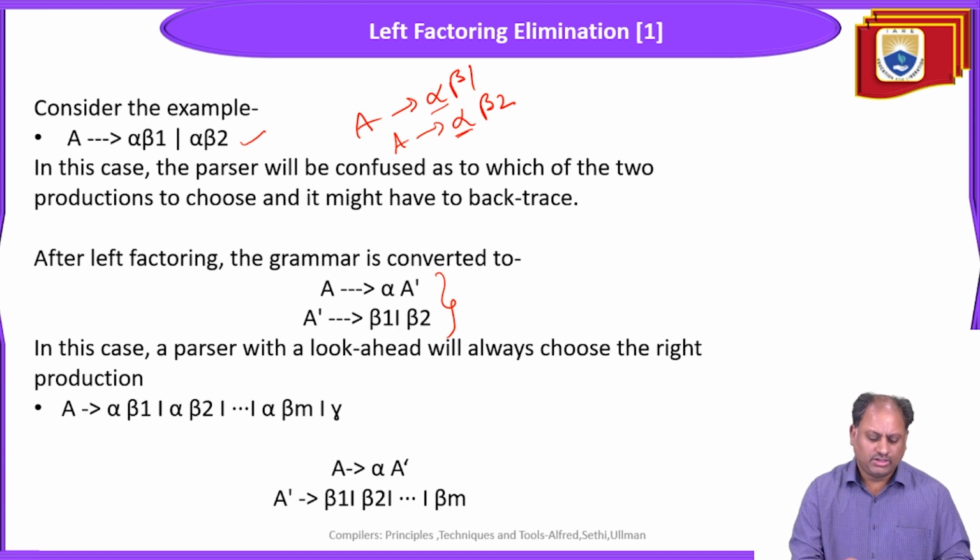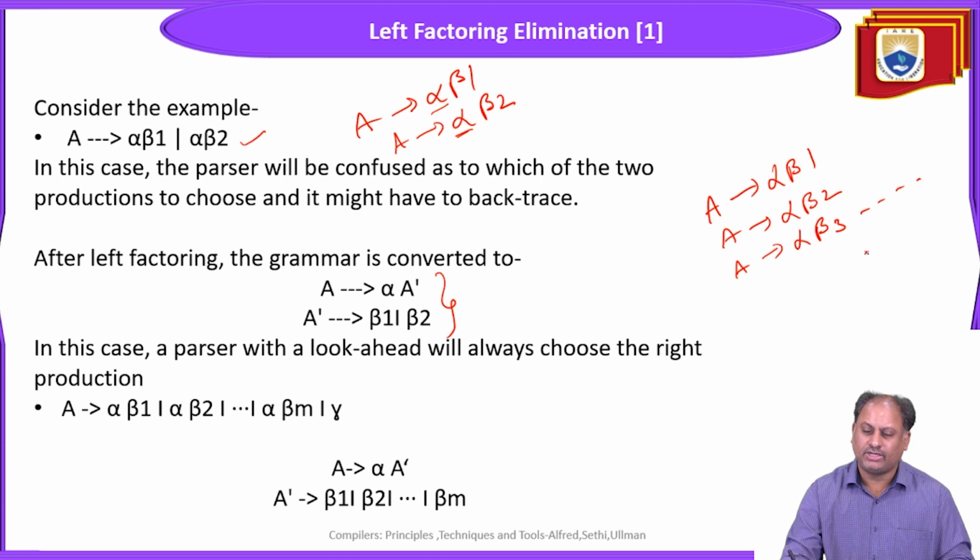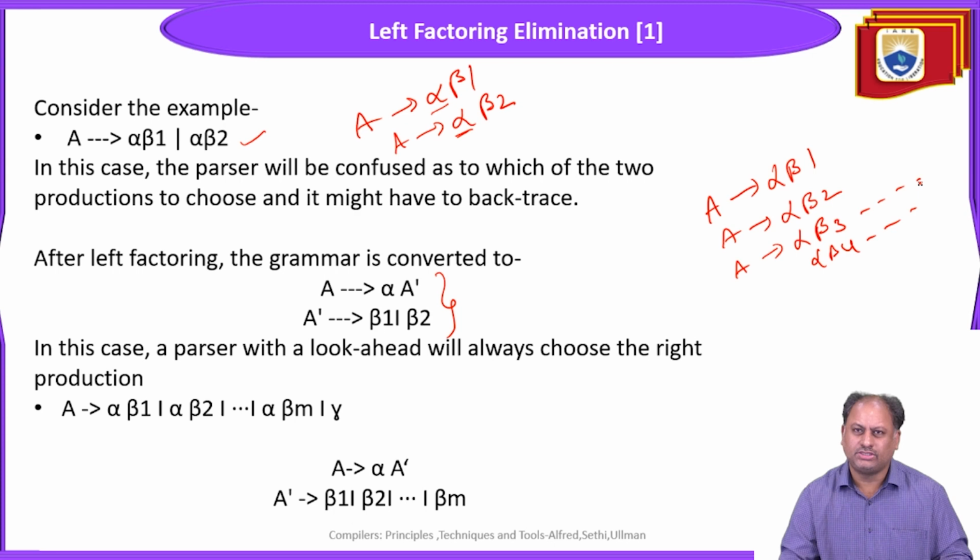So in that way, the verification of the grammar by implementing left factoring, such as A derives alpha A dash, A dash derives beta 1, A dash derives beta 2. Suppose the grammar contains a repetition of several productions, for example A derives alpha beta 1 and one more production with the same repetition, and like this alpha beta 3, alpha beta 4, so many cases exist.